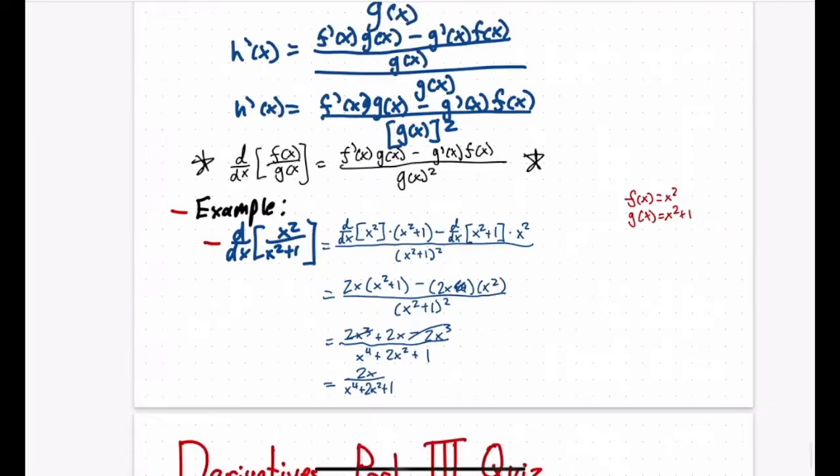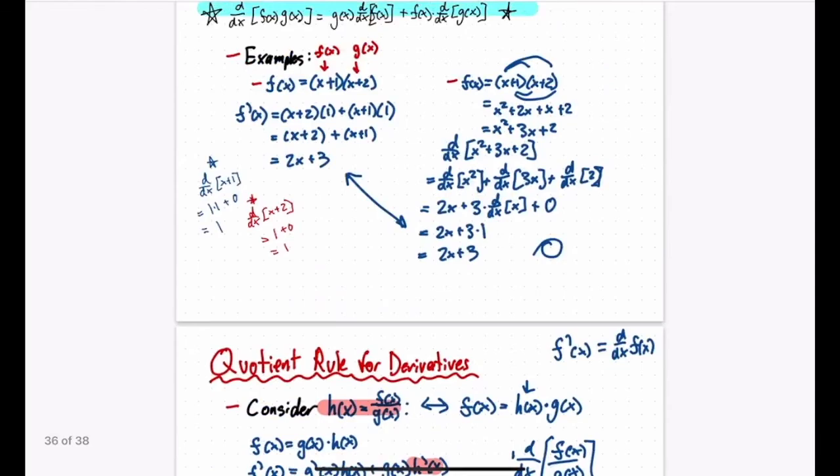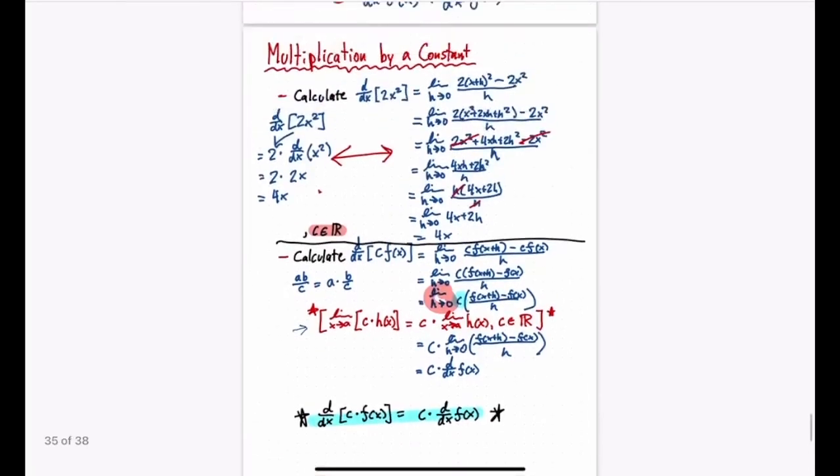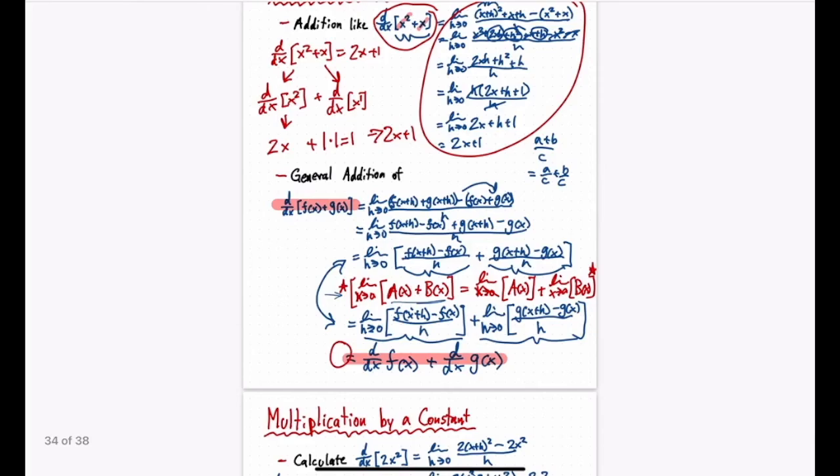So there we go. We've got a whole bunch of new rules here. They're all in stars. We got a whole bunch of new rules that we can apply whenever we're calculating the derivatives of different things.